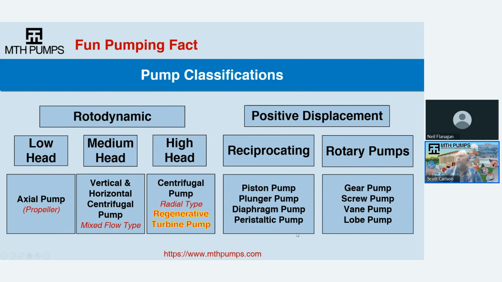And then with positive displacement, you've got your piston pumps, plunger pumps, gear pumps, screw pumps. Most of these are generally low flow with a higher head. Everything in the reciprocating will have pulsation, where gear pumps might have a little bit, but screw pumps don't really.